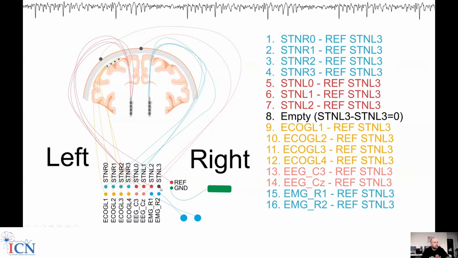That is because for all electrophysiology recordings, you need a reference, which means that you are recording the voltage of a signal compared to a different voltage. So you're recording the difference in voltage to a common reference.